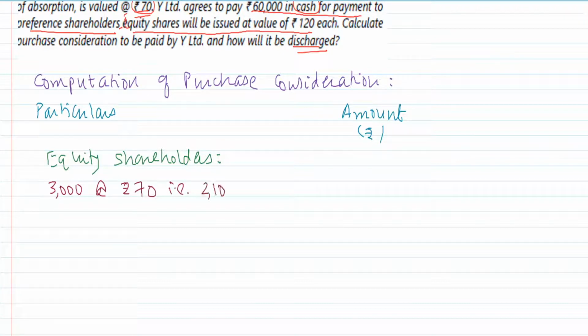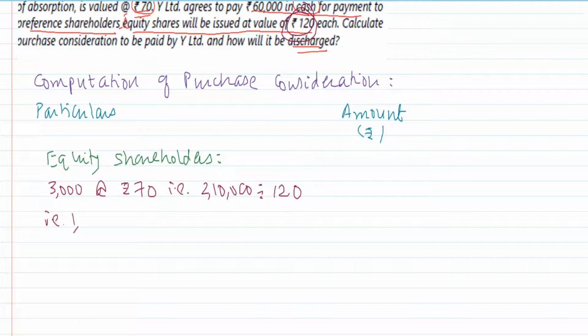So that is turning out to be 2,10,000. And we are issuing our shares at 120 rupees. So I will divide this by 120. That means we are giving them 1750 shares.